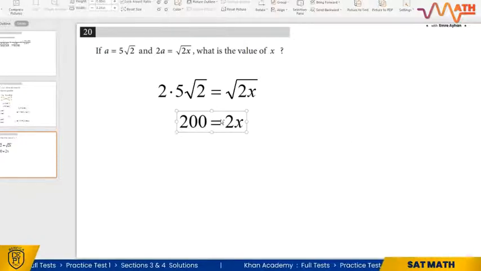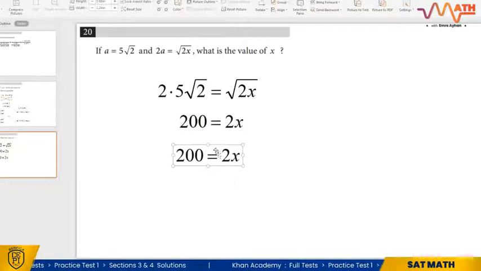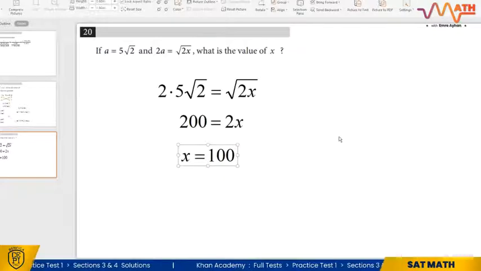So it is now clear to see the answer is 100. x is equal to 100.